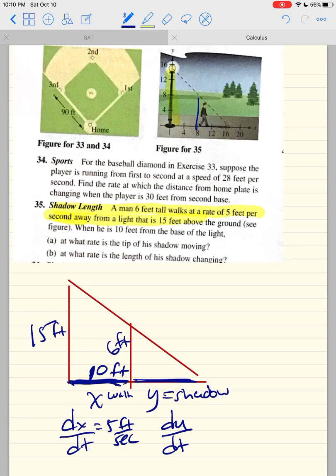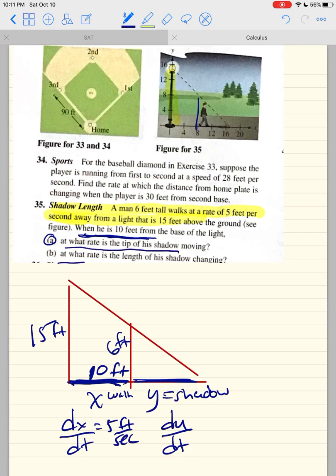Now, when you are doing this you should read it as, at the instant he is 10 feet. In other words, I don't want you to plug in the 10 feet until the very end. So when he is 10 feet from the base of the light, now here's part A. It says, at what rate is the tip of his shadow moving?